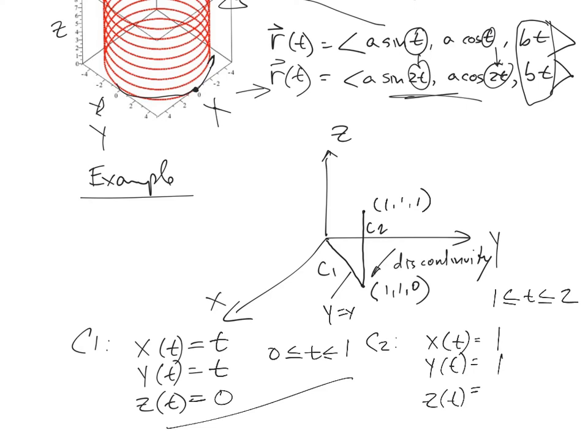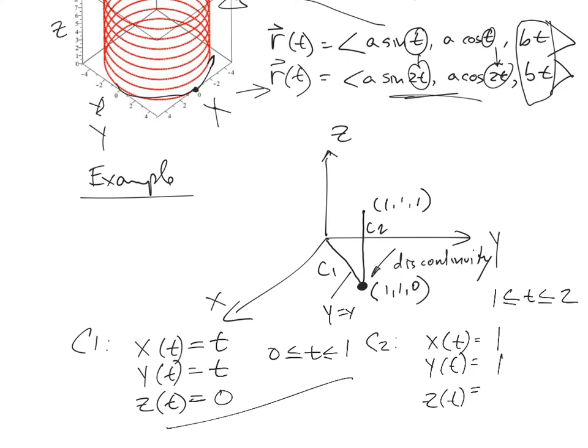So we're going to imagine a particle starts at the origin. At time t equal to 0, it travels on C1, and then it travels up C2. So what do I write for z of t? Well, when time is equal to 1, that's when we're right here. What's the z value? 0. So what if I did 1 minus t?